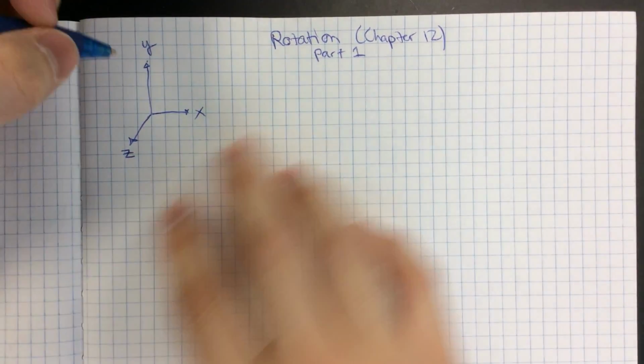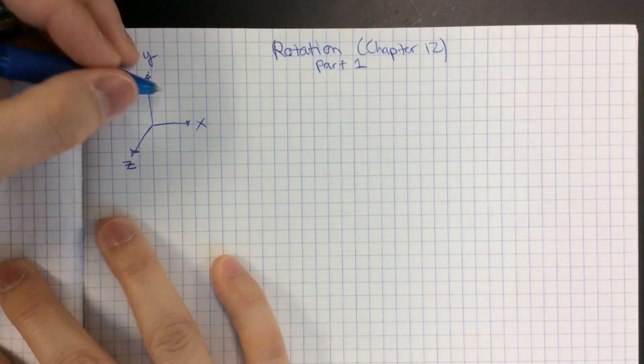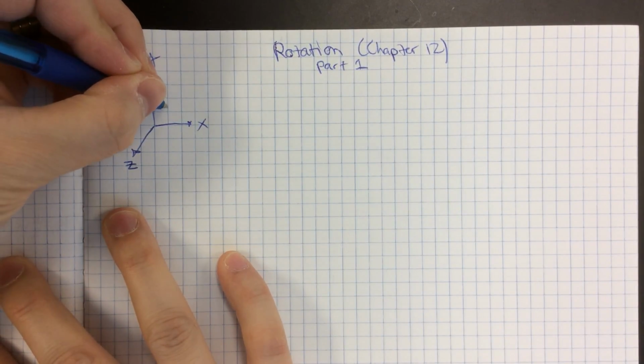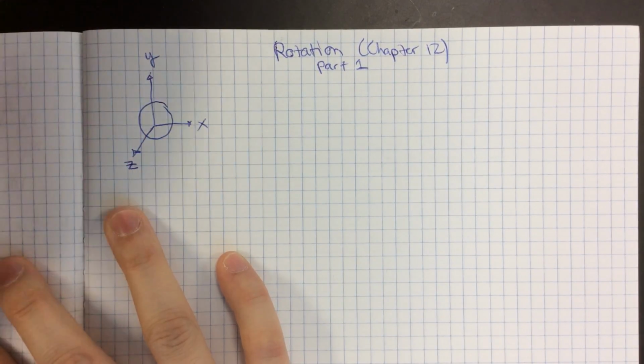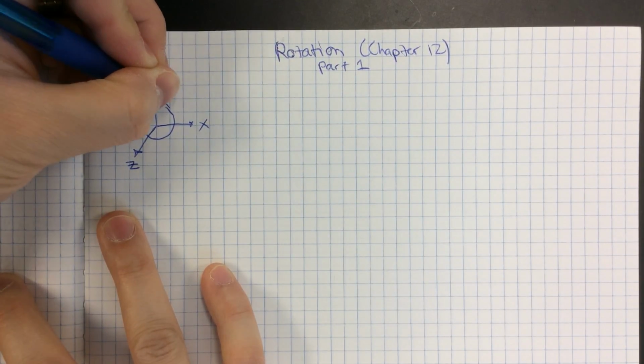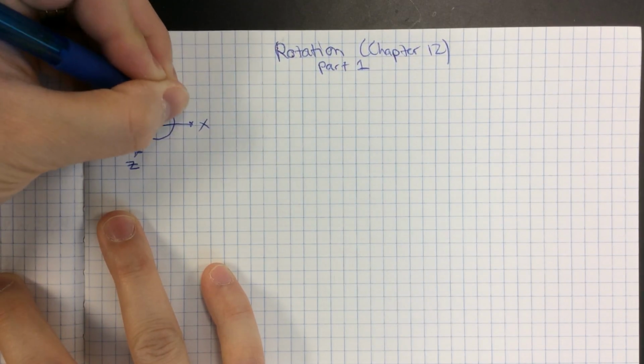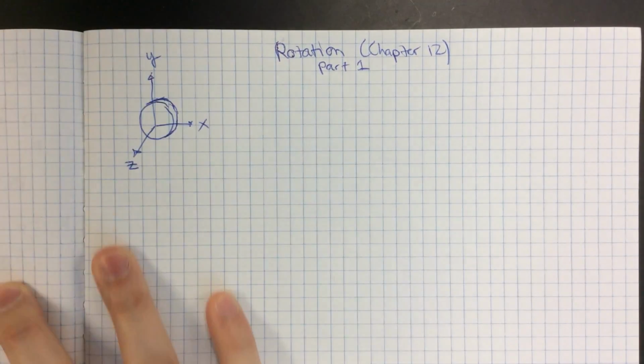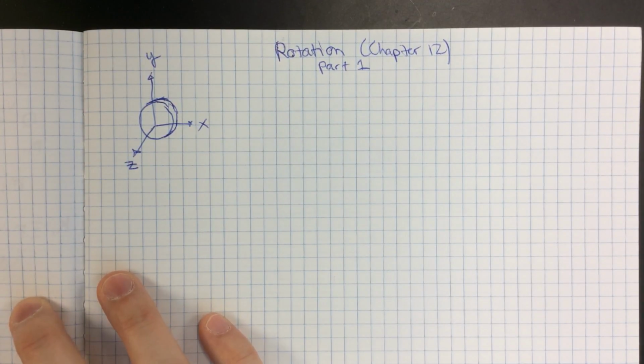Okay, if this is your coordinate system, let's say you have a disk. So I'm going to try and make it a little 3D. Okay, so let's say it has a little thickness.